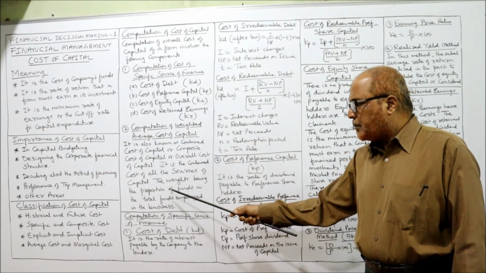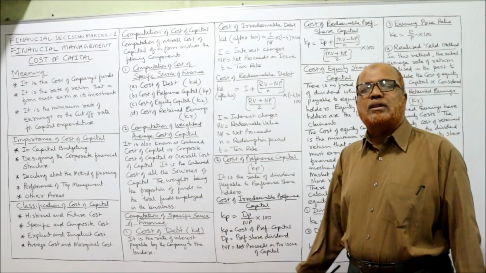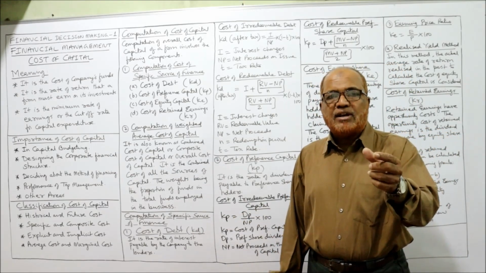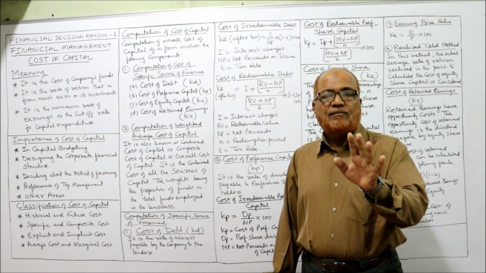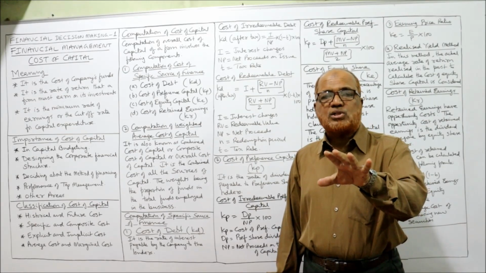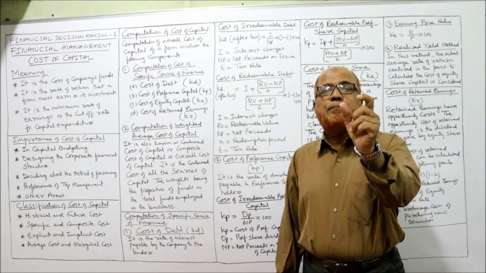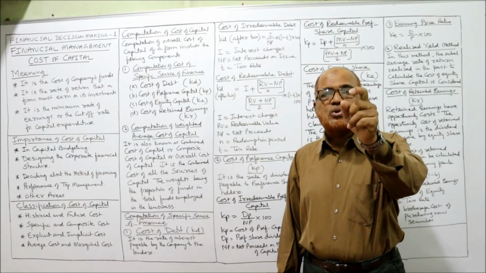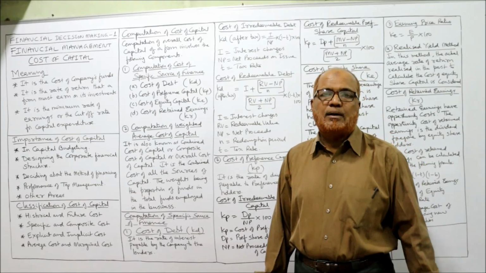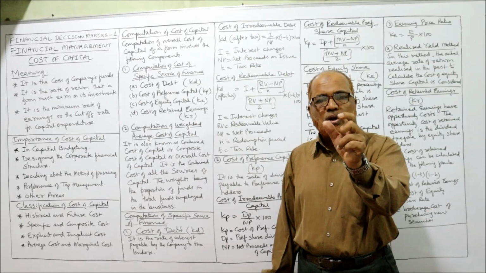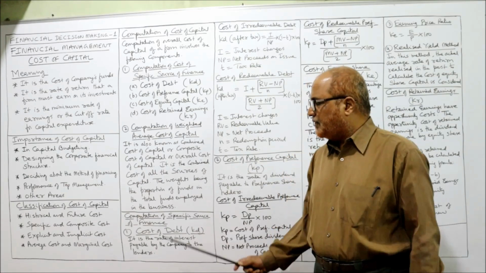The weights being the proportion of funds in the total funds employed in the business. Weighted average, not simple average. We have to calculate the weighted average cost of capital. So what are weights? The proportion of each source to the total funds employed in the business. Those proportions are the weights taken.